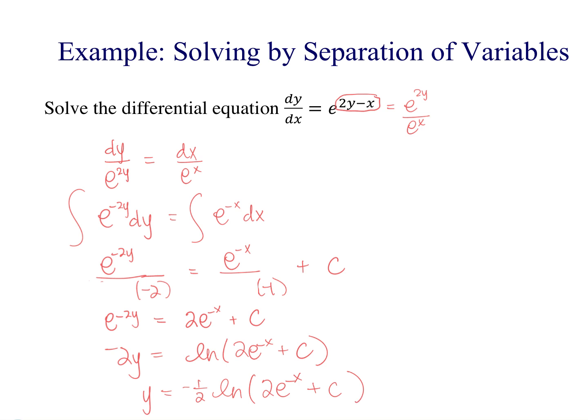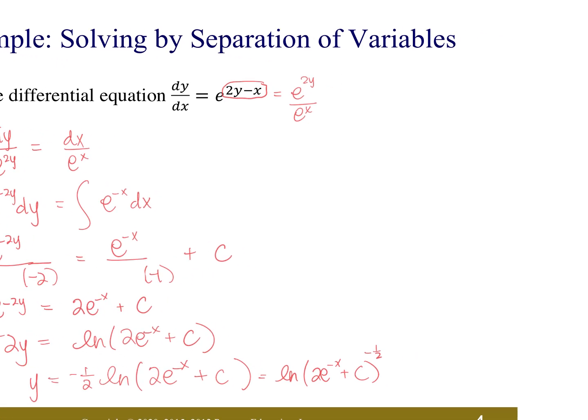There are a couple different ways you could write that. You could write the natural log of 2e to the negative x plus c to the negative half power. That negative half power could also be expressed as a radical, I guess.